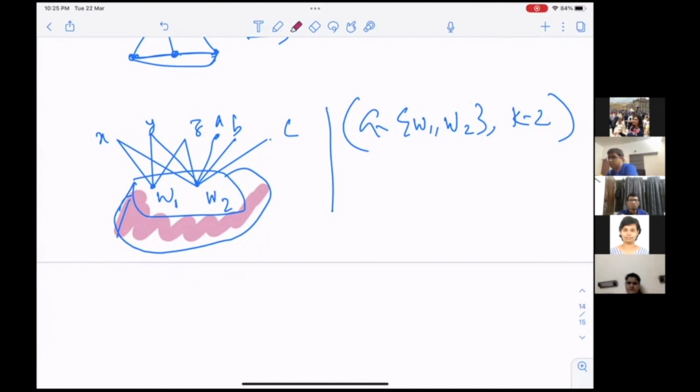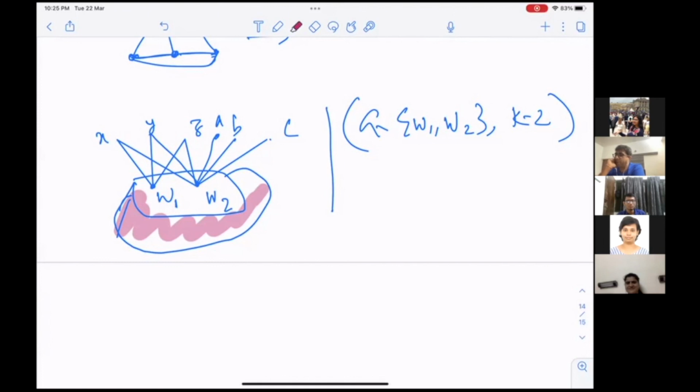I don't think so. Think about it: is the neighborhood of W1 contained in the neighborhood of W2? And even if it is, it's not a dominating set. Yeah, sorry.